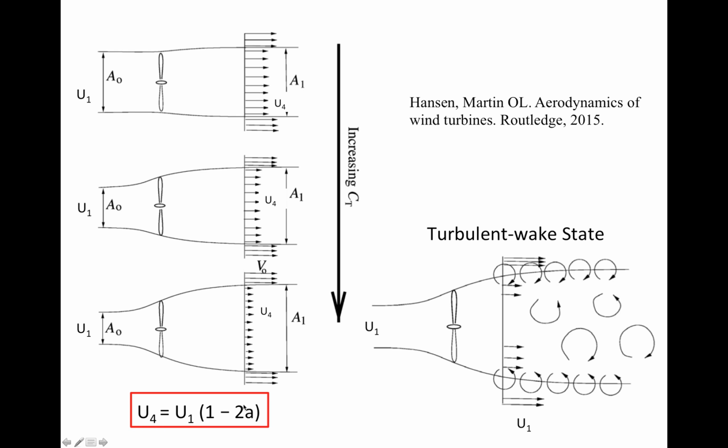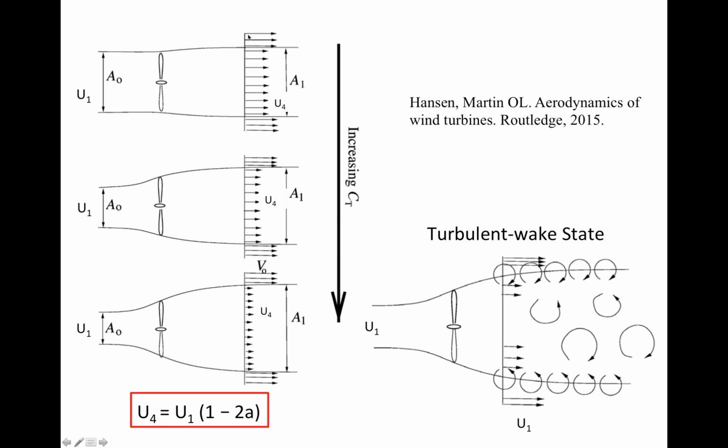At this point, A is not too large yet, so u4 decreased a little bit. It's slightly less than u1. So this is the stream tube that we're considering. Out of this stream tube, it's still free stream wind speed, so those arrows have a speed of u1.